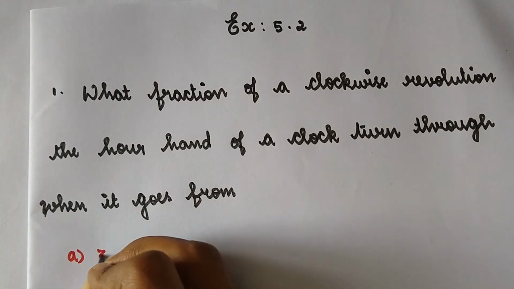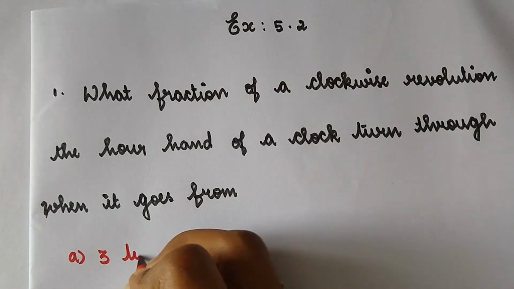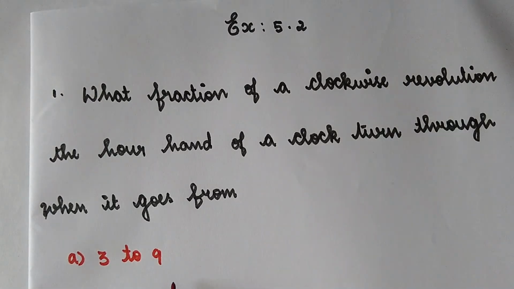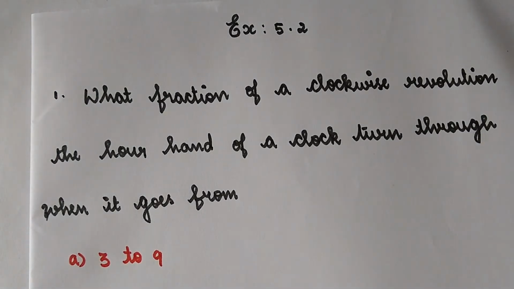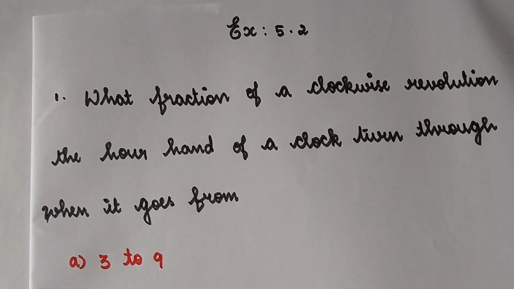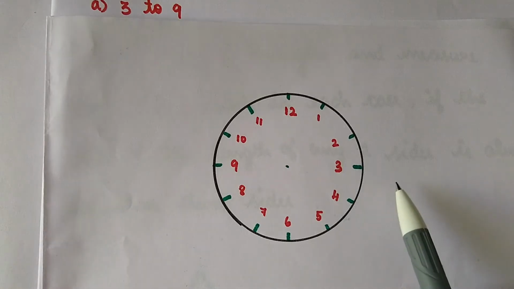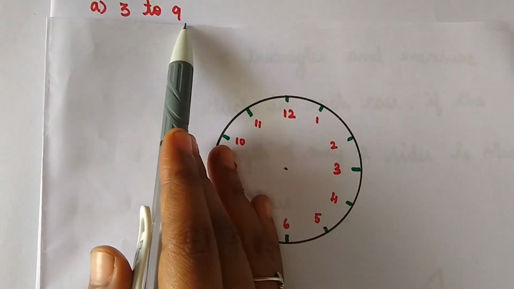Three to 9. So we have to find the revolution of 3 to 9. First let me draw the diagram of a clock. This is a clock. We have to draw the diagram for 3 to 9.